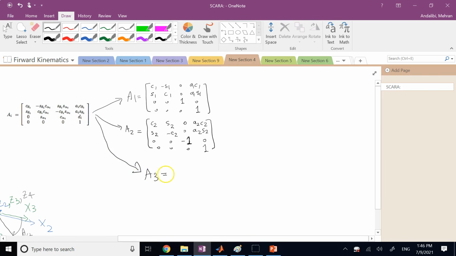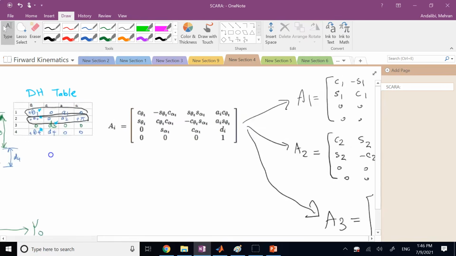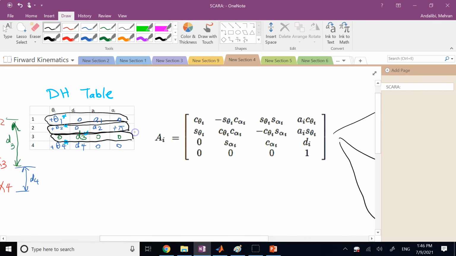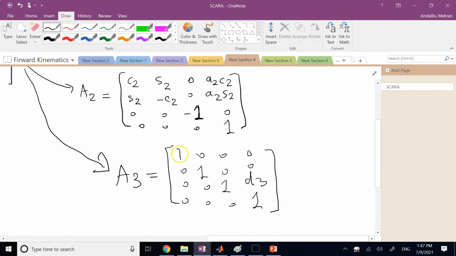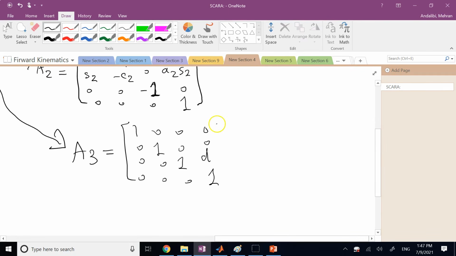Then we go to A3, right? So we pick the third row values, these guys. It's going to be very simple. There is no rotation involved. It is just a translation of Z with D3. So this is going to be my A3 matrix.